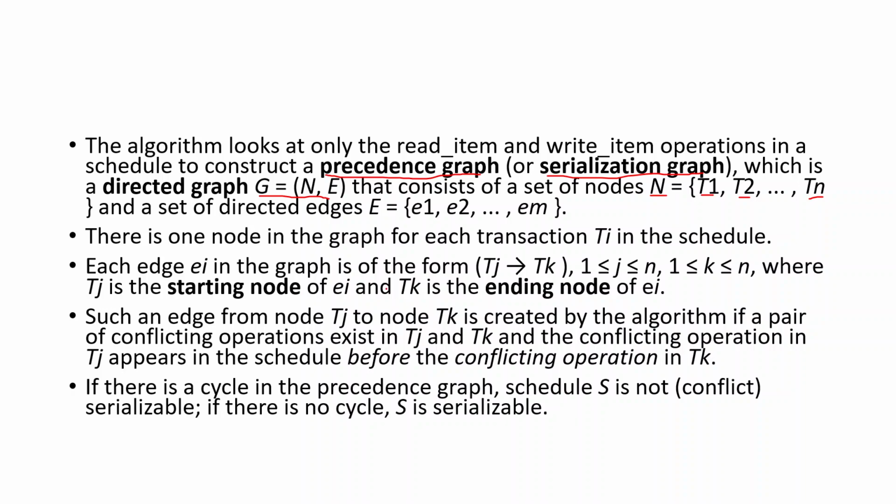Each edge Ei is of the form Tj to Tk, where Tj is the starting node and Tk is the ending node. Now, such an edge from node Tj to Tk is created by the algorithm if there is a pair of conflicting operations which exist in Tj and Tk, and the conflicting operation in Tj appears in the schedule before the conflicting operation in Tk.